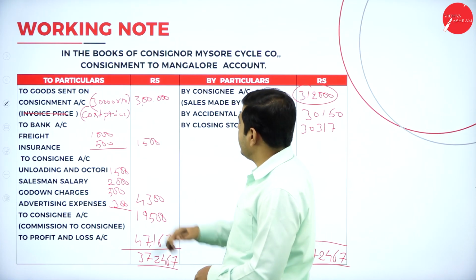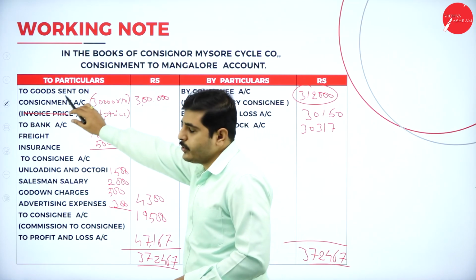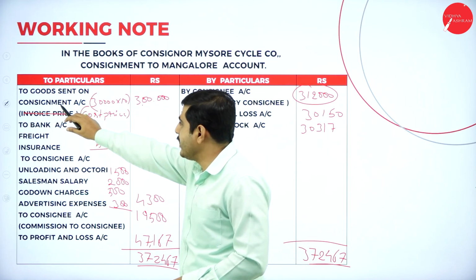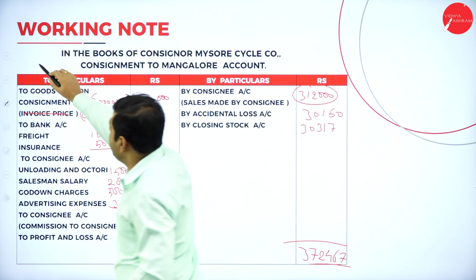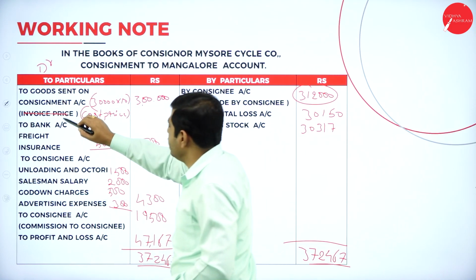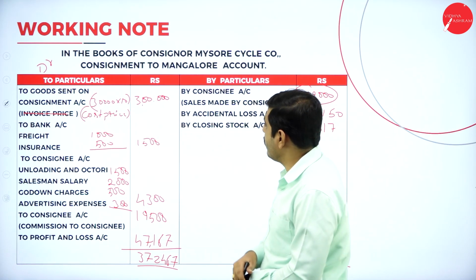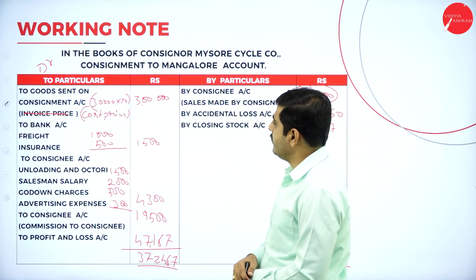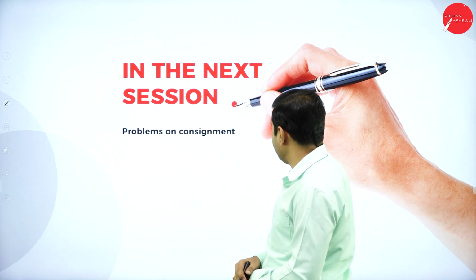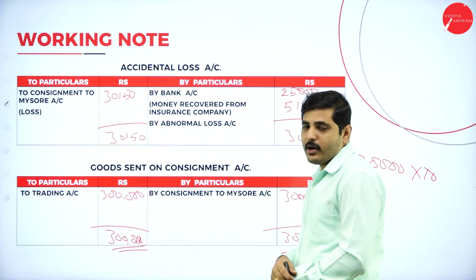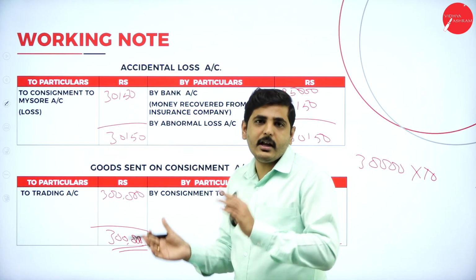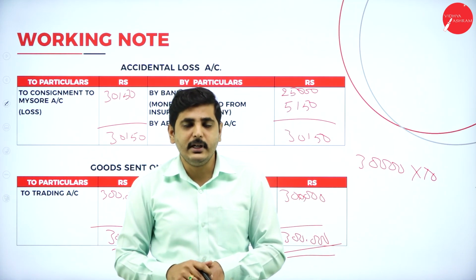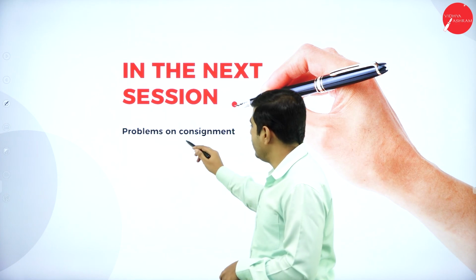In consignment to place account, we should write on the debit side. In goods sent on consignment account, we should write on the credit side. The remaining is trading account. We are converting the journal entry to ledger only. Now in the next session, we will discuss one more problem.